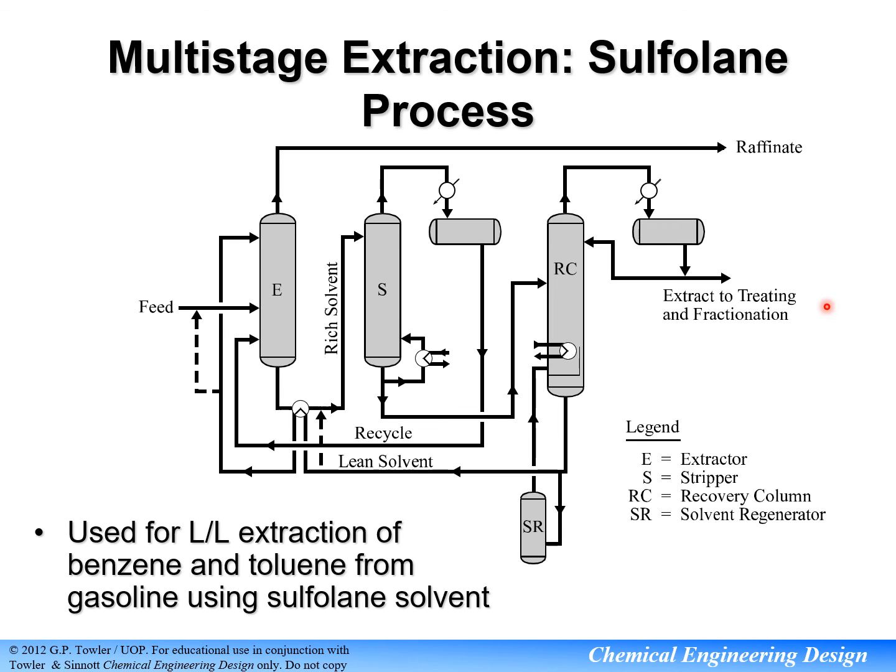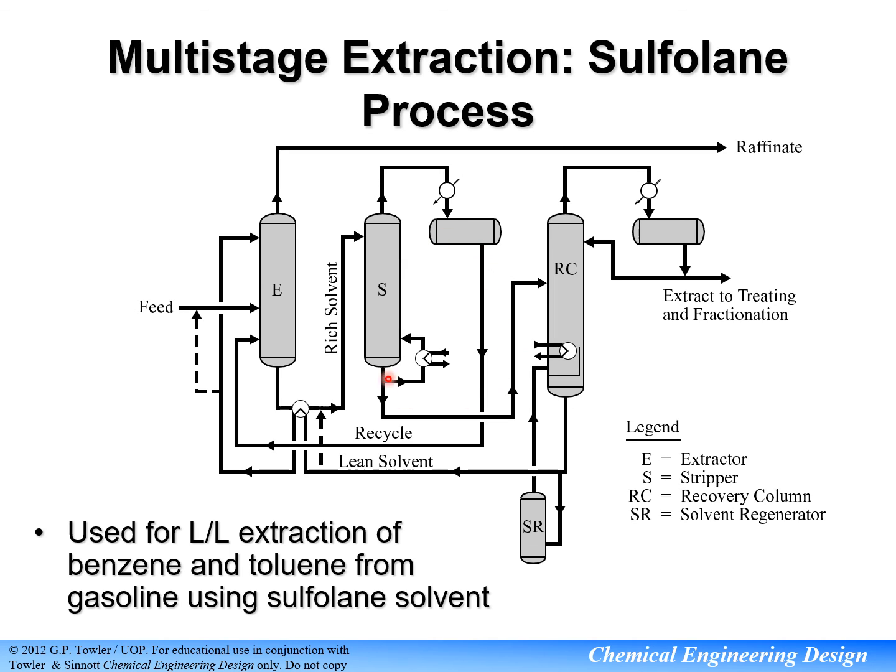Okay, this is an example of multi-stage extraction for the Sulfolane process. Basically, this process is used for the liquid-liquid extraction of benzene and toluene from gasoline. The feed is fed into the extractor and then it comes out with the top product, which is raffinate, and the bottom product goes to further processing, which is the stripper, to do further separations.